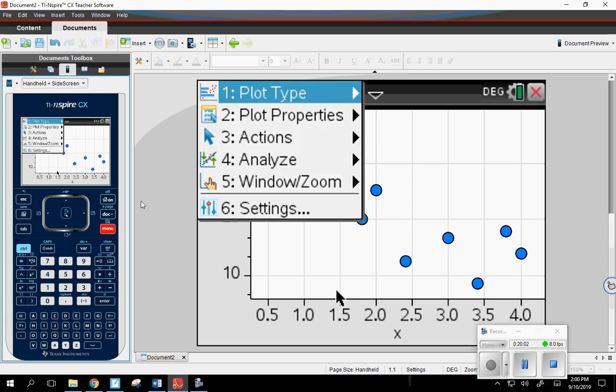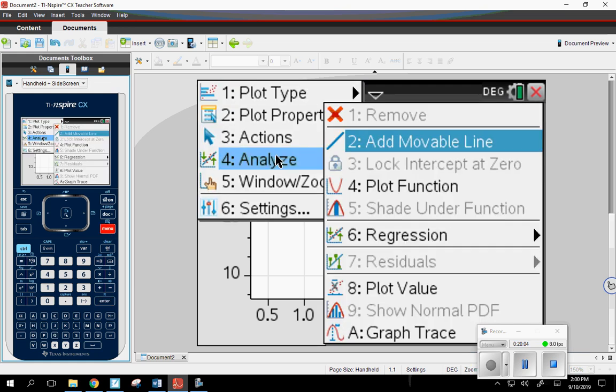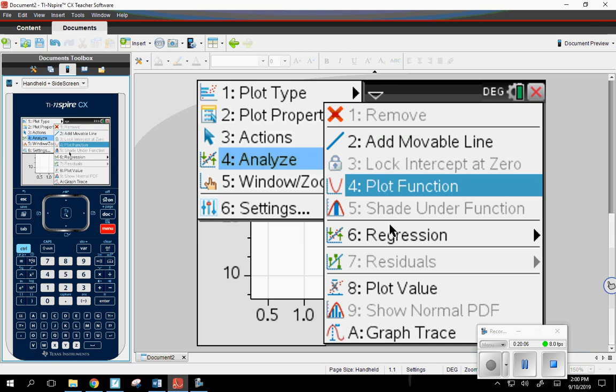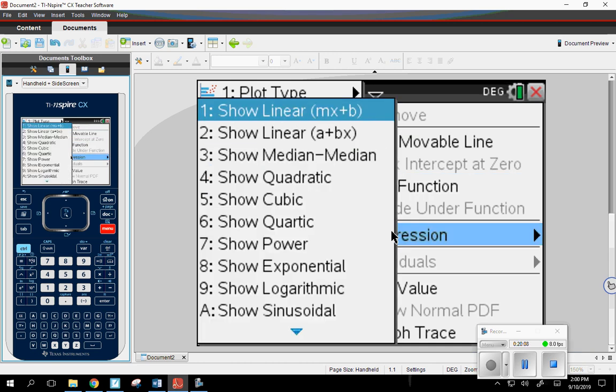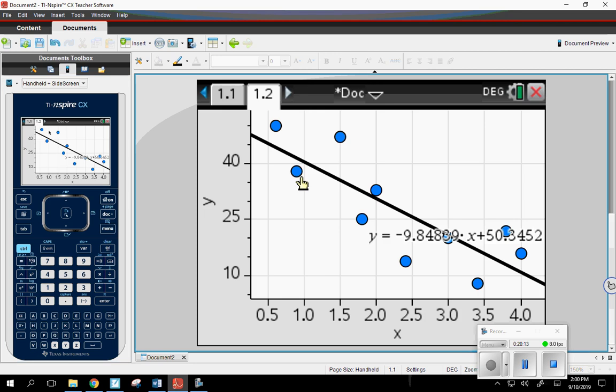I'm going to say menu, and remember we go to analyze. Where do we go from here? Regression, then MX plus B, show linear. As soon as I click it, there you go. What did our slope turn out to be? Negative 9.84839. We got negative 9.85.